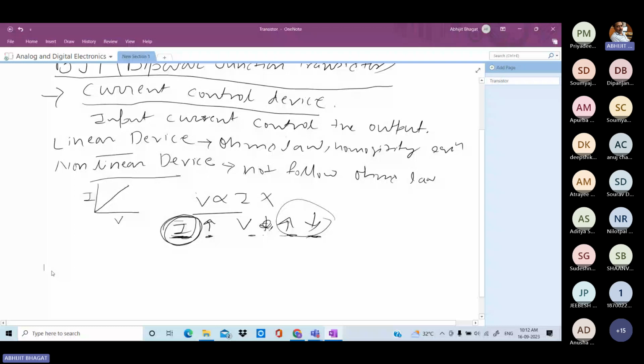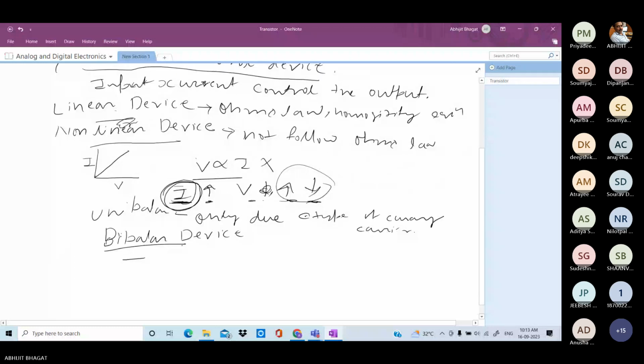In case of a bipolar device, here the current flows due to both types of charge carriers.